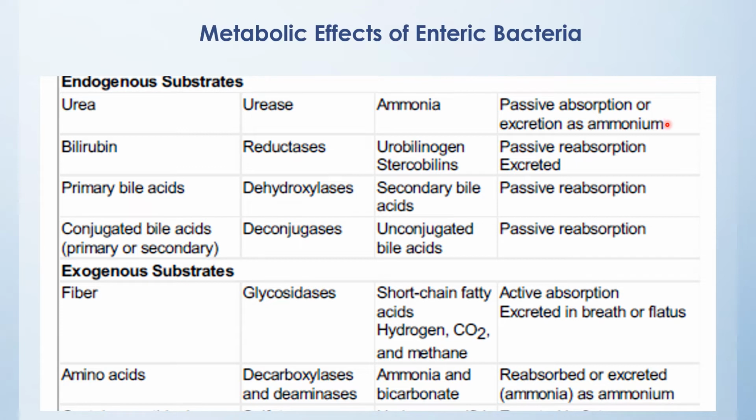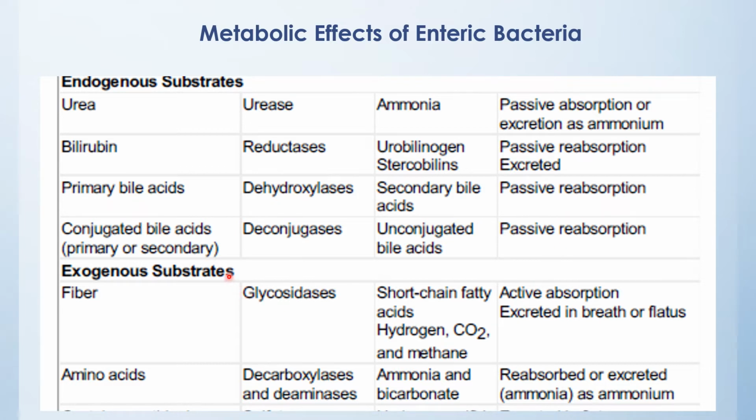For bilirubin, the bacteria produce reductases that convert the bilirubin to urobilinogen and stercobilins, and it is excreted by passive reabsorption. For the primary bile acid, it is acted upon by dehydroxylases produced by the bacteria and converted to secondary bile acids, and it is disposed by passive reabsorption.